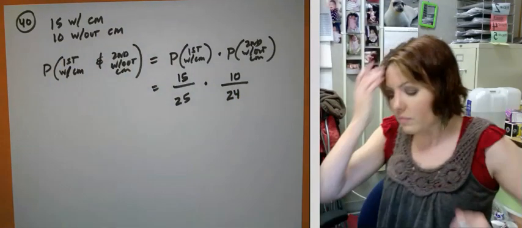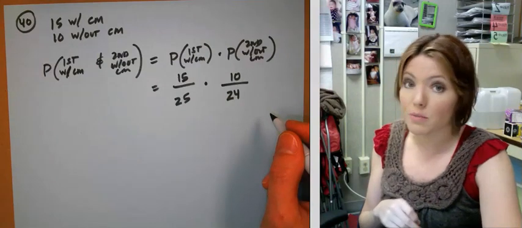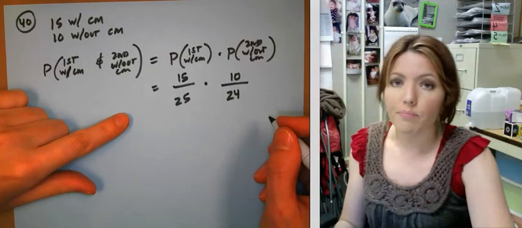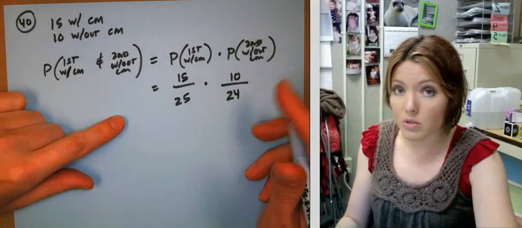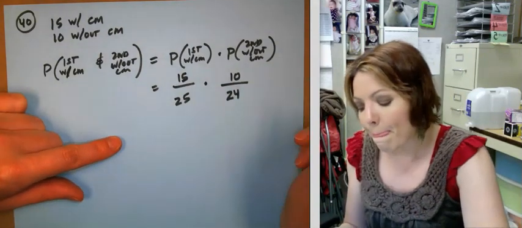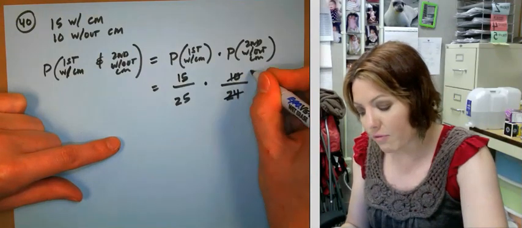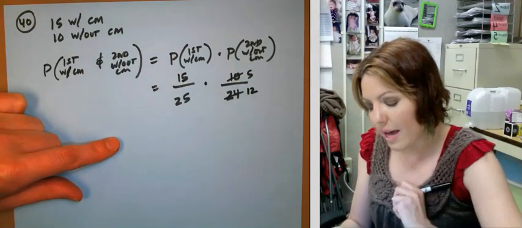All right, now I would highly recommend reducing these fractions before you do anything else. You can multiply and then reduce later, but it's going to be kind of a mess to reduce. So I know I can divide both 10 and 24 by 2, and I get 5 and 12. So let's do that first.